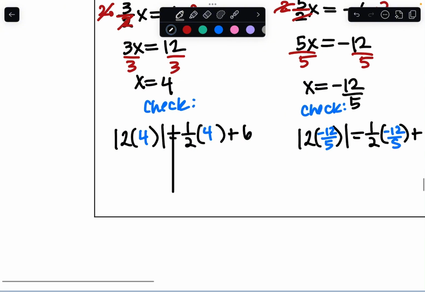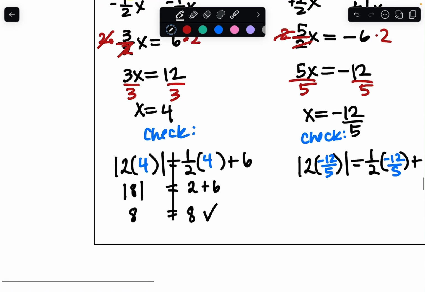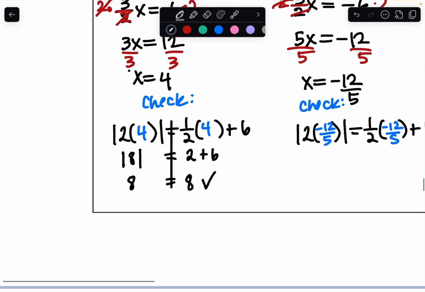You're not allowed to move things to either side of the equal sign. You just number crunch each side and make sure they come out to be equal. And so on the left-hand side, I get absolute value of 8, which is just 8. On the right-hand side, 1/2 of 4 is 2, plus 6 gives me 8. So that one works. And so 4 is definitely one of our solutions.